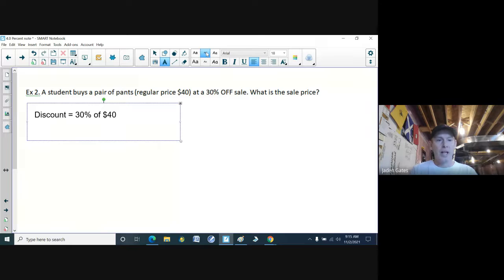Again, this is an example where we are converting our percent to a decimal. So I take 30% and divide it by 100, and I get 0.3. Again, of is multiplying, and $40 is 40. So I have 0.3 times 40, and I end up with $12. All right, so that's the discount.